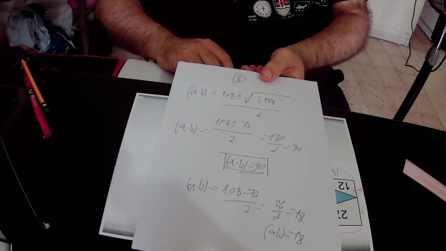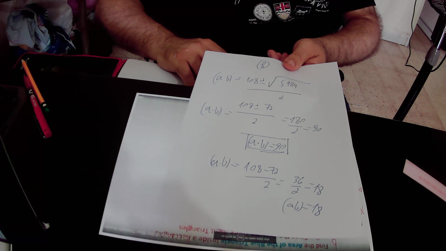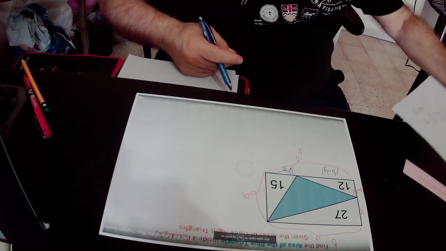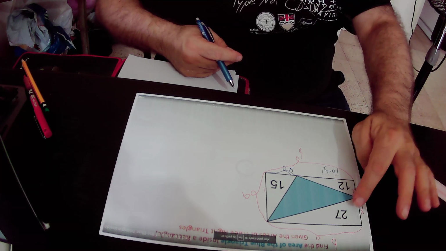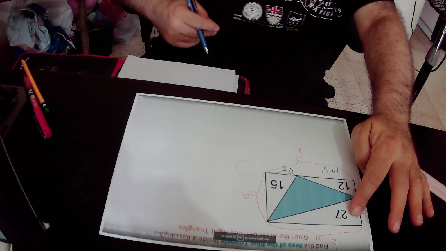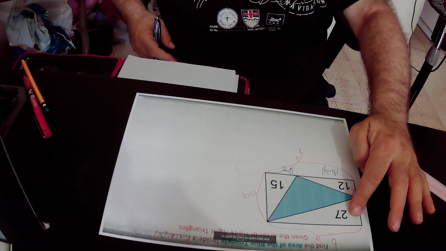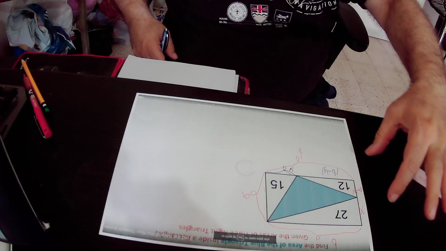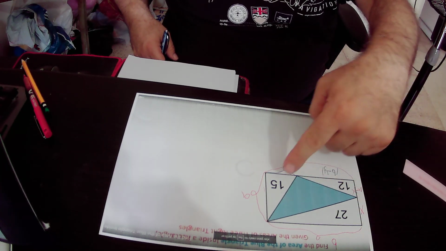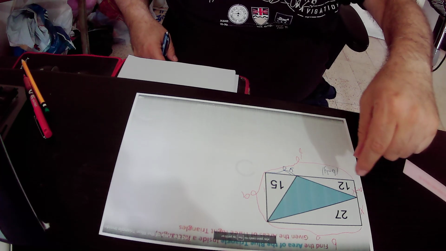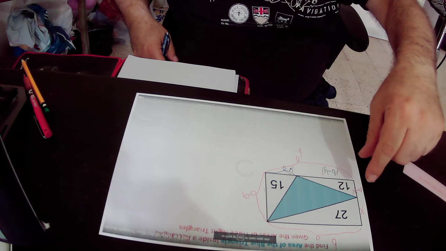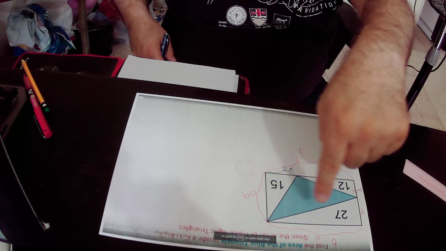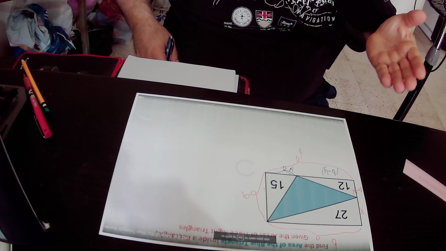But 18 is not a correct answer for ab, because even this right triangle is greater than 18, yes? And the rectangle contains the three right triangles, and the sum of the areas of the three right triangles equals 54 units.